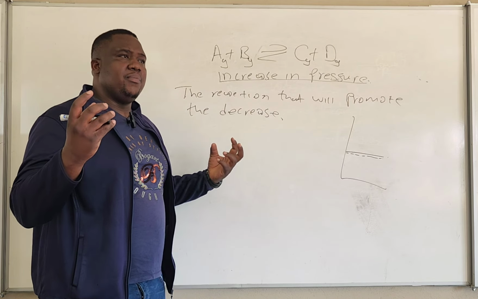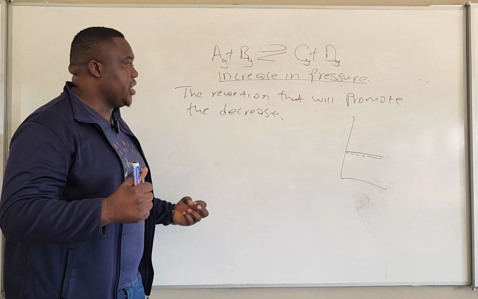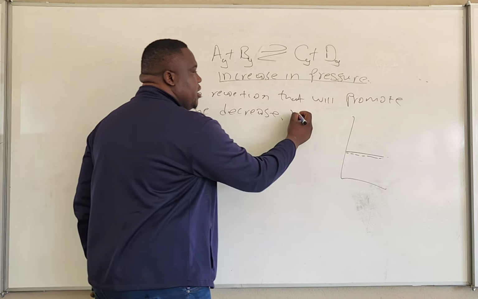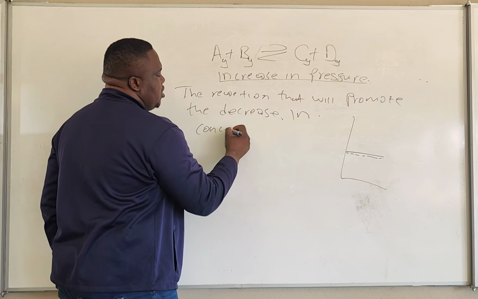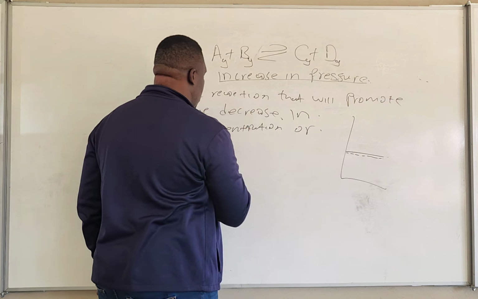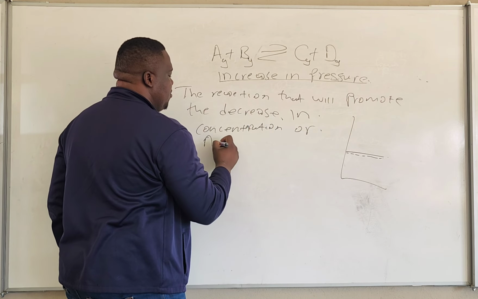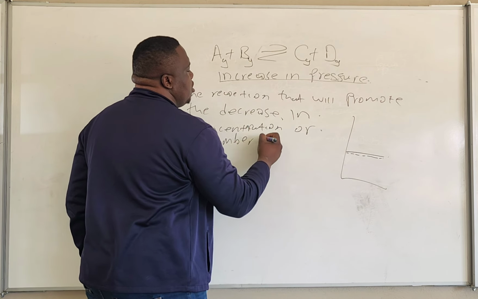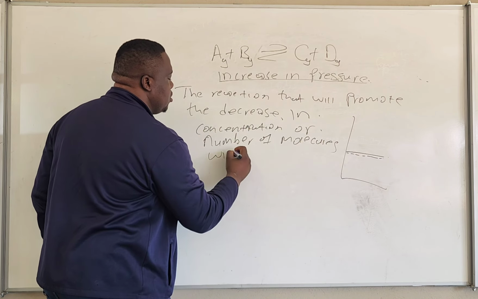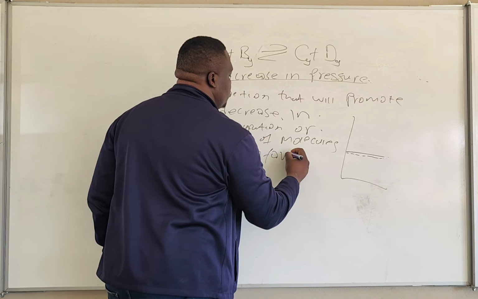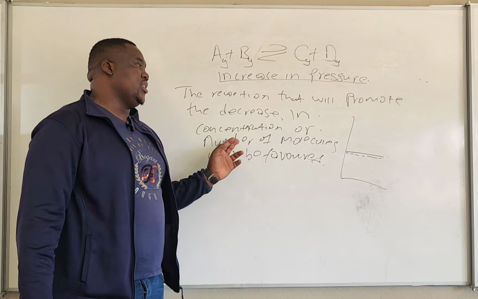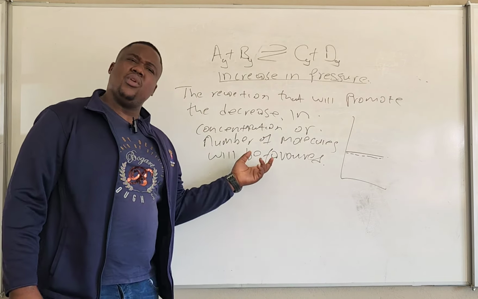So since the increase in pressure increases the concentration, it means that the reaction that will promote a decrease in concentration or number of molecules will be favored. You understand? The reaction that will promote the decrease in the concentration or number of molecules will be favored.